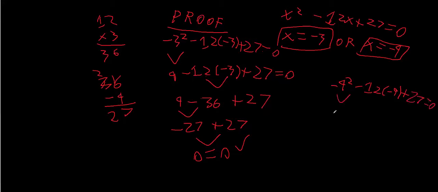So -9 squared would give you a positive 81. Let's do this math over here. So 12 times 9 would be 108. So 108 plus 27 equals 0.